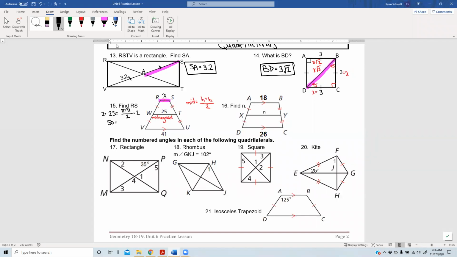So I'm going to have 50 equals x plus 41. Subtract 41, and we get 9 equals x. So that means RS is equal to 9.